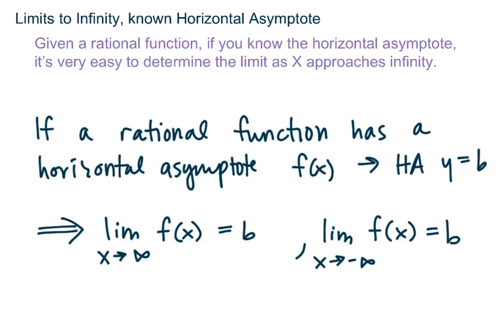So if we know the horizontal asymptote of a rational function, then the limit as x becomes infinitely large in the positive or negative direction is always going to equal the value of the asymptote, because we're going to be getting slowly closer and closer to that asymptote.